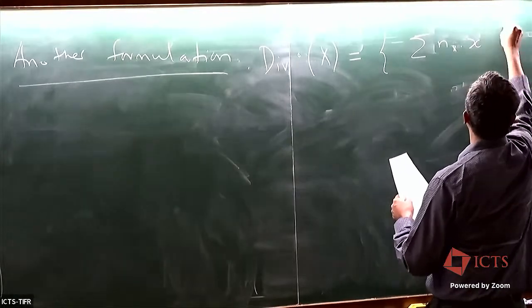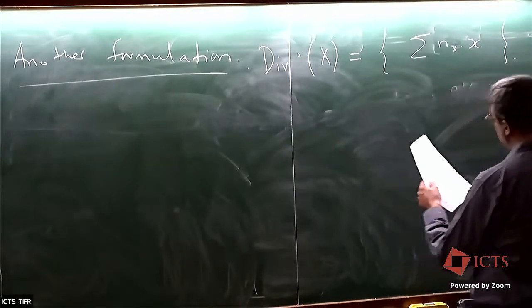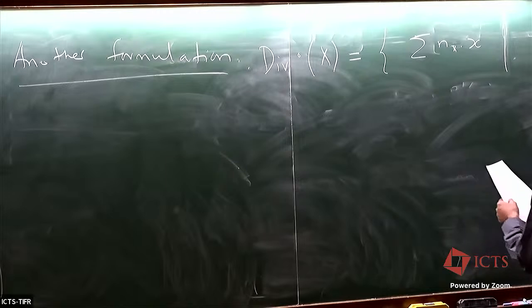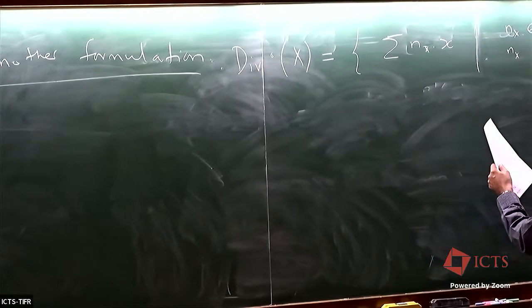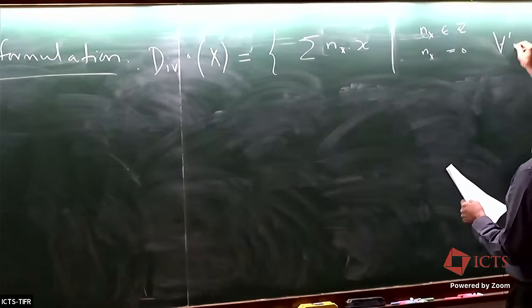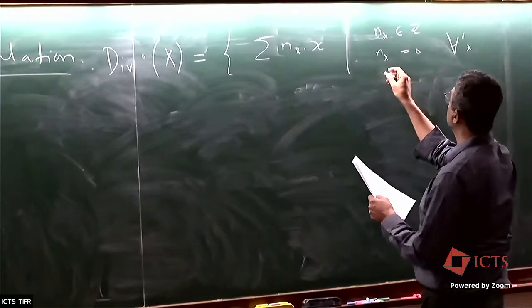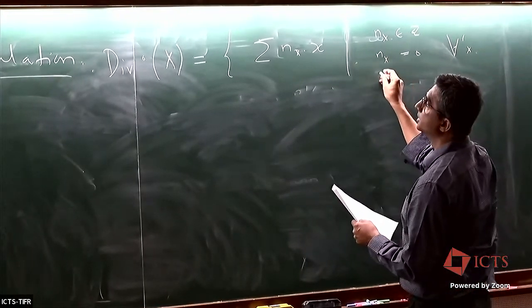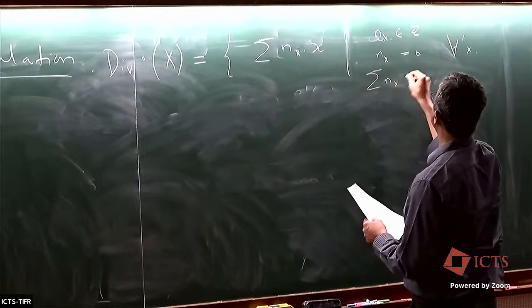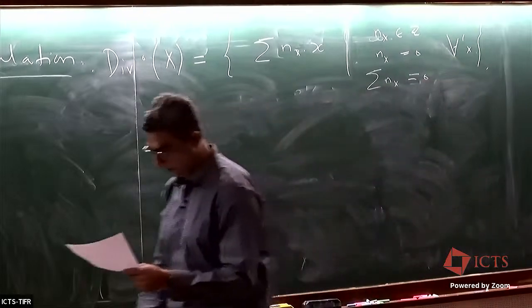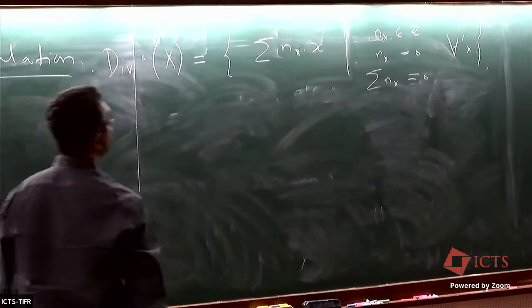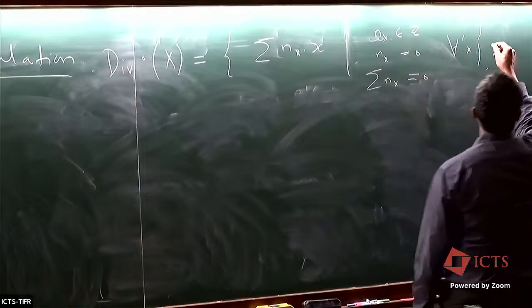It's just formal sums, the sum of n_x times x, with n_x in Z, n_x equal to 0 for all but finitely many x. And anything else? Yeah, the sum is 0. The sum of the coefficients is 0. Divisors of degree 0. So this is sitting in all divisors.